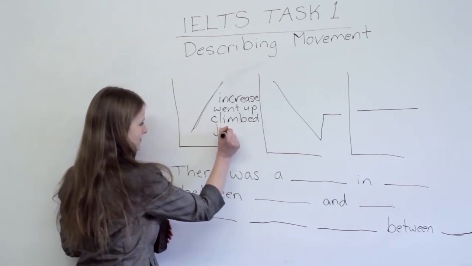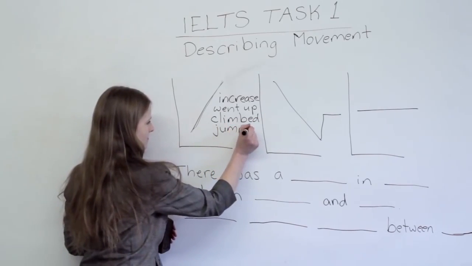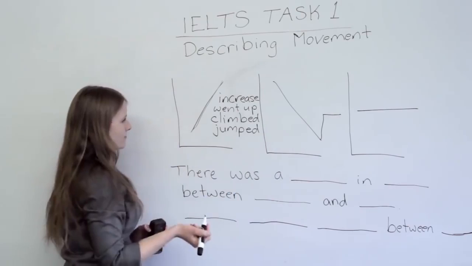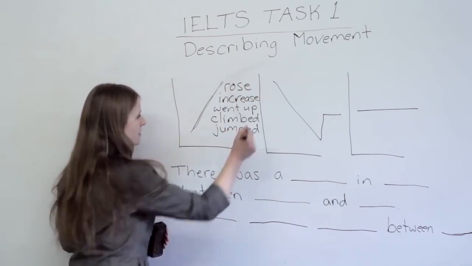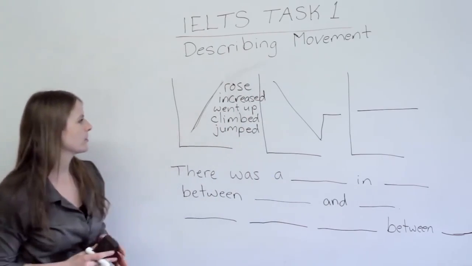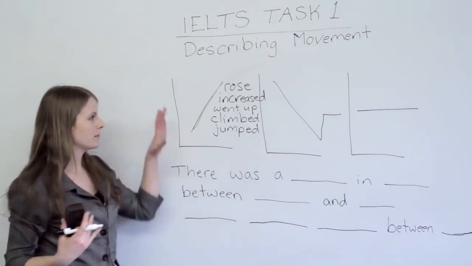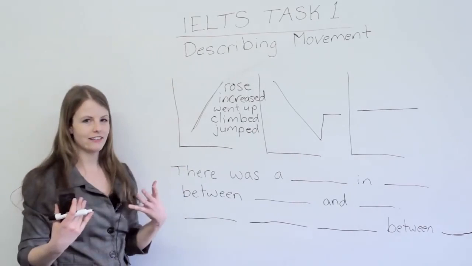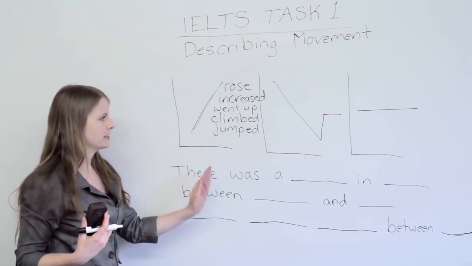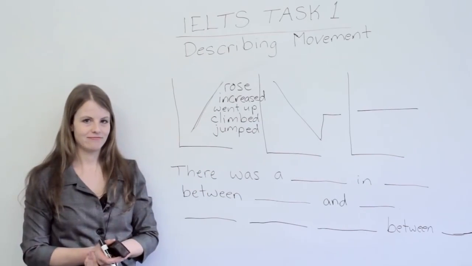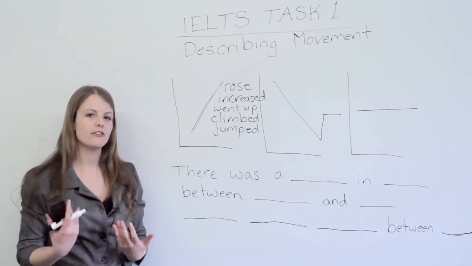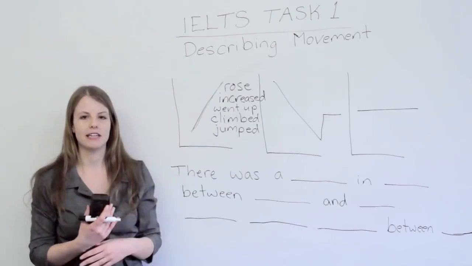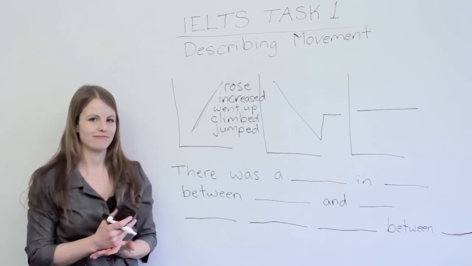It jumped. It rose. So notice when we're talking about describing movement on the IELTS, these are all verbs. What tense are they in? If you said simple past, you're correct. You want to be using the simple past when you're describing movement for IELTS Task 1.